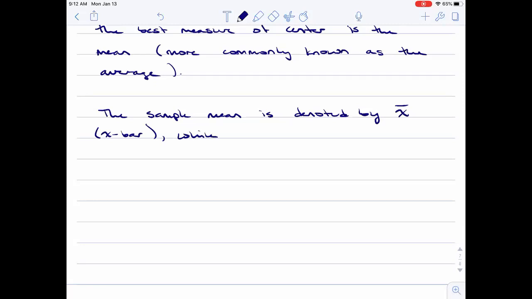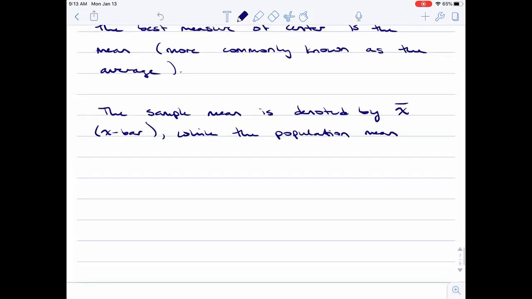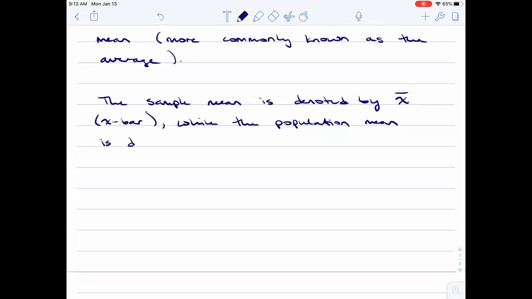While the population mean is denoted by mu.